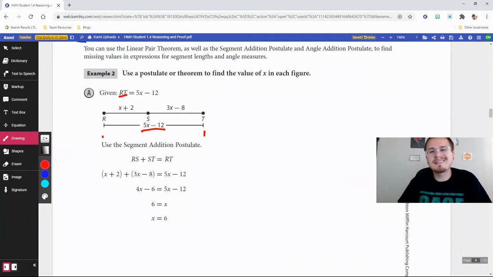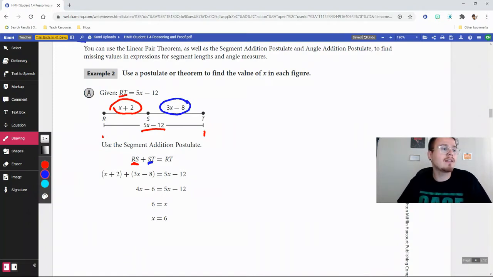If we look at the segment addition postulate, we know that RS has a length of x plus 2. It's given. We didn't have to do nothing to find it. We said to look. Open your eyes. And ST, the line segment ST, is equivalent to 3x minus 8. That's the length.